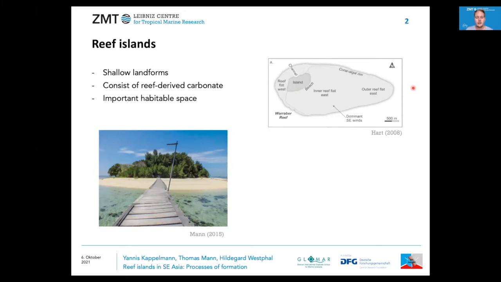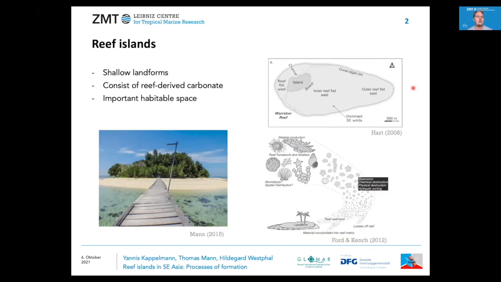What's also characterizing them is that they usually consist of reef-derived carbonate, meaning that when we look at the sediment from the actual island body, we see skeletal remains from maybe corals, coralline algae, gastropods, or so on.